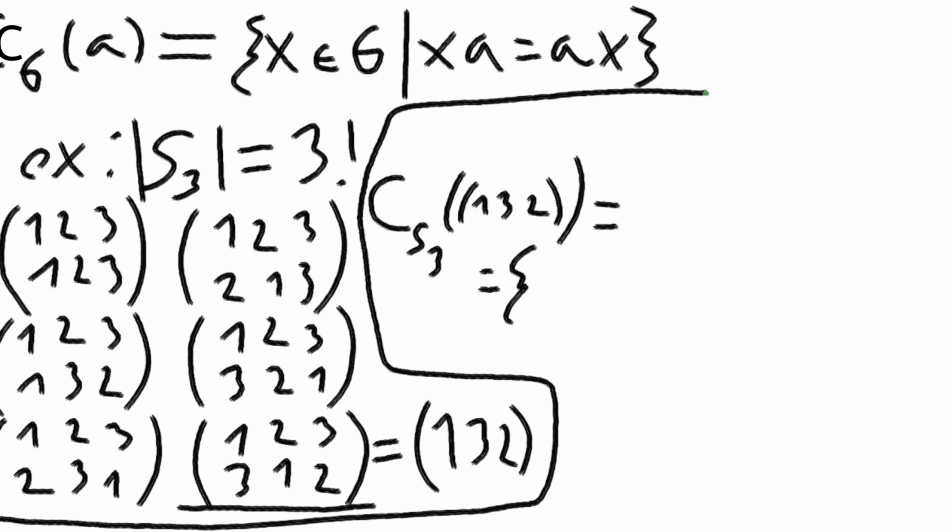Knowing that the cycle notation is just a different way to write what we have in permutation notation, I will write the members of the centralizer also in cycle notation to save space on the screen. So the first element that could come to mind is the same element itself. If we commute two elements and they're both the same, we cannot distinguish between their order.